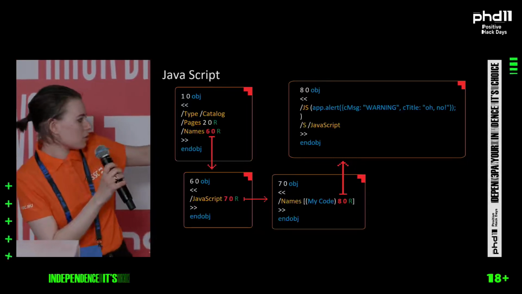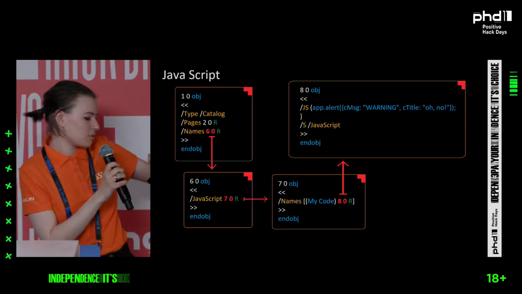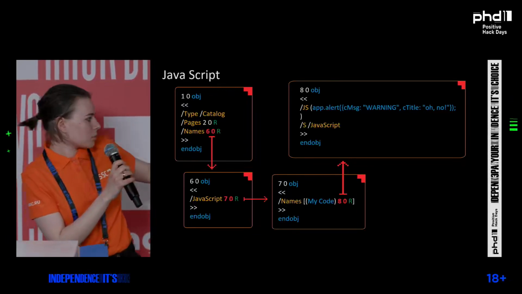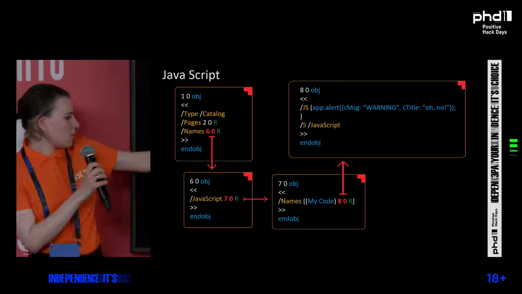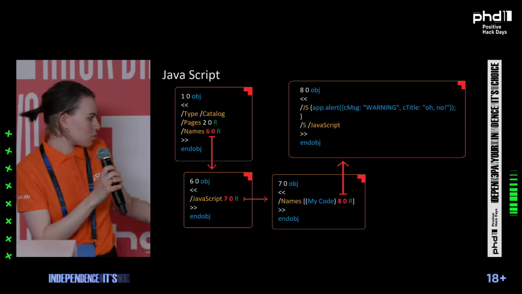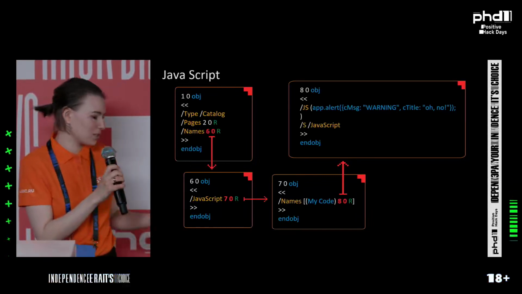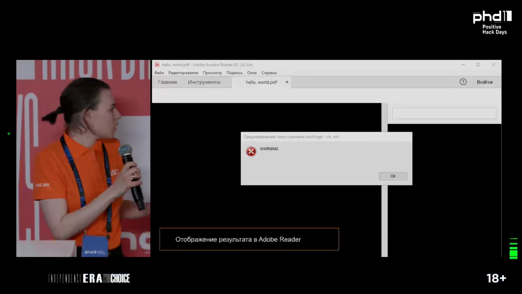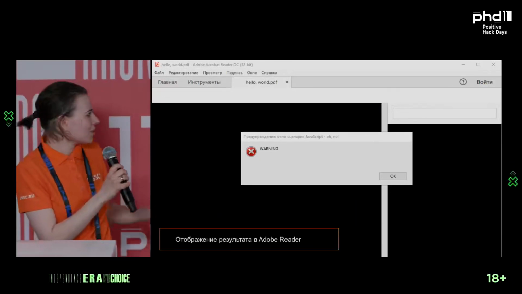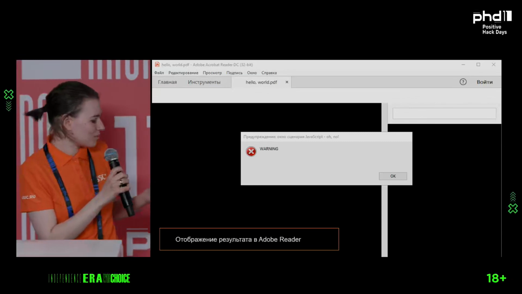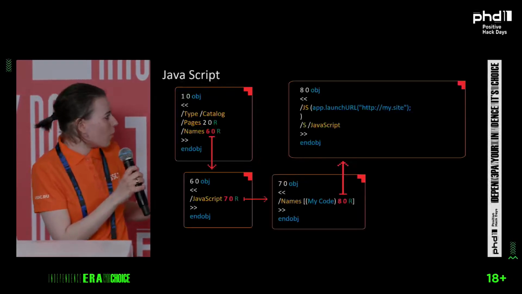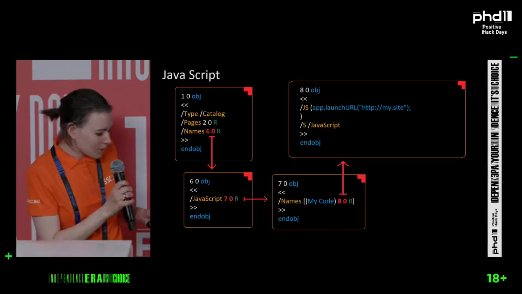There's also the names branch, which runs in the document till the end, and you can add some functions in there, my code for example, and you can come back to this JavaScript when necessary. And this is what this warning pop-up sign looks like. That's the first thing that runs while launching the document.